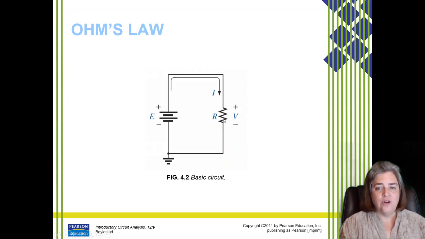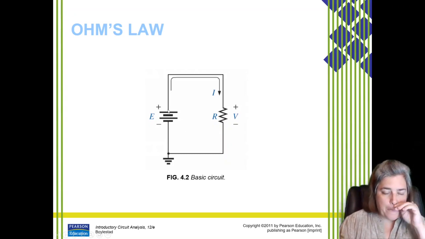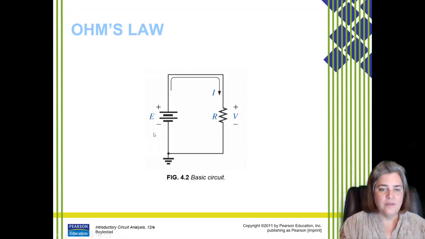So this voltage drop is the difference in potential from here to here. Just as for the voltage source, the difference from here to here is the voltage drop across the voltage supply.